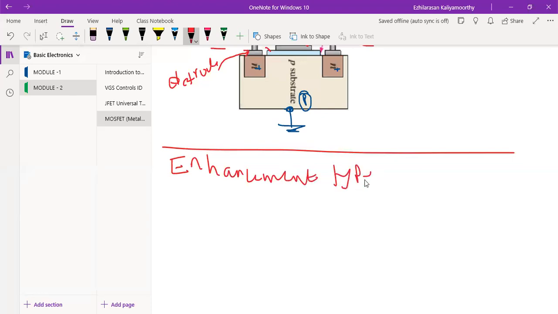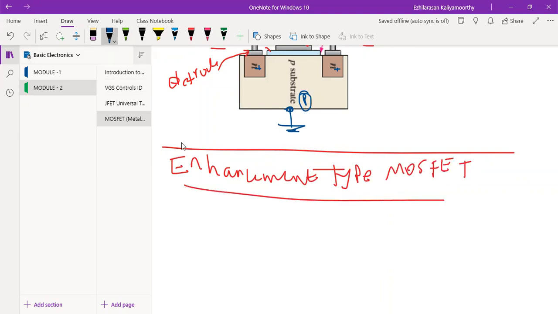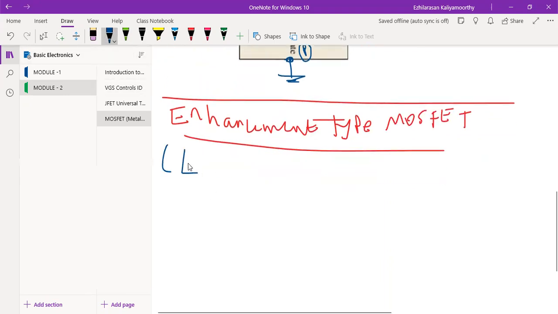Enhancement type MOSFET. Sometimes in your book they may give it as E-MOSFET. E-MOSFET means enhancement type. D-MOSFET means depletion MOSFET.